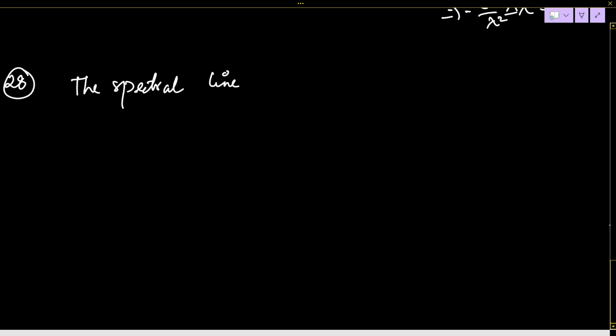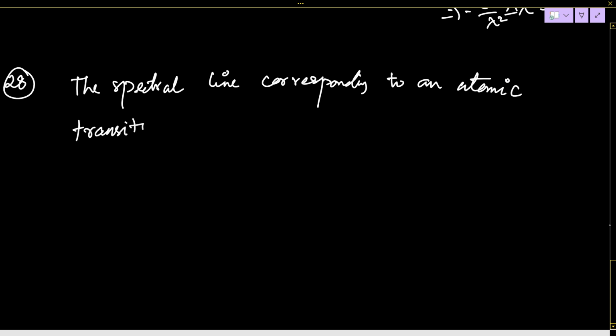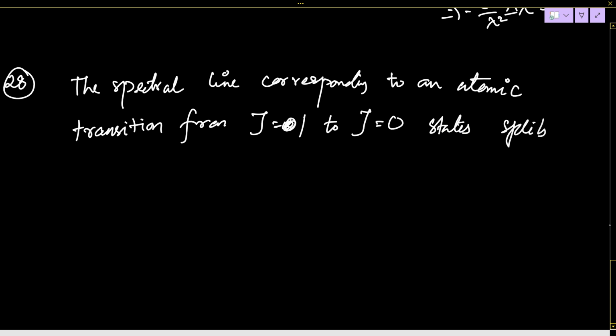The spectral line corresponding to an atomic transition from J is equal to 1 to J is equal to 0 states splits in a magnetic field of 1 kilogauss into three components.